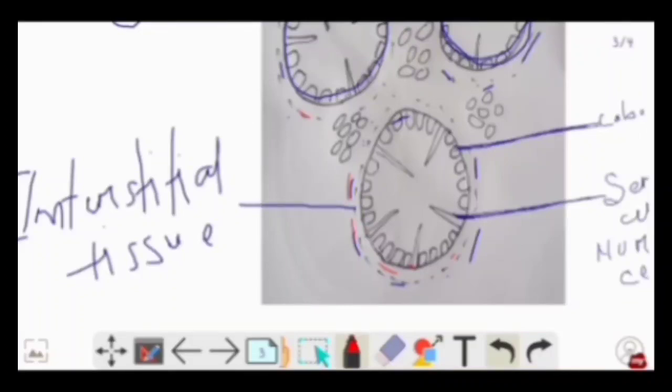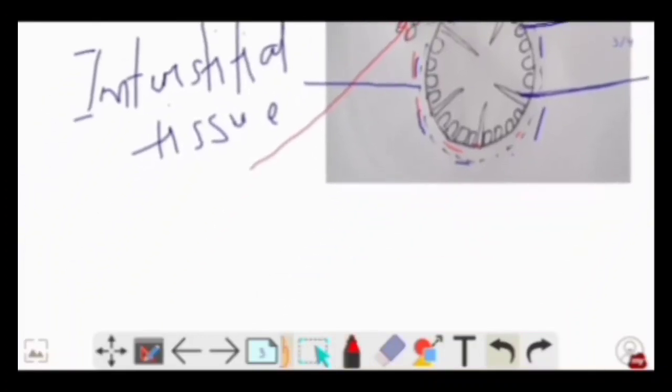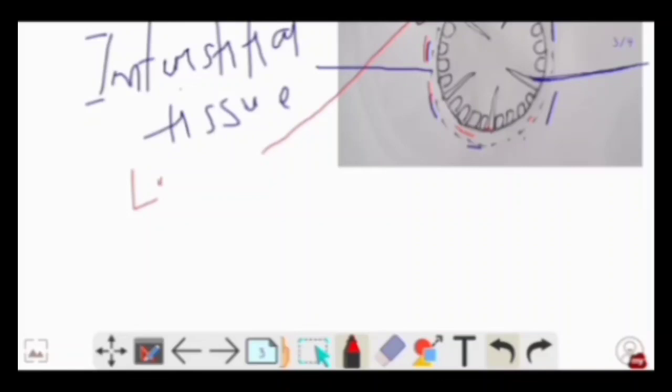Here you can see these small round-like structures present among the interstitial cells, and they are known as Leydig cells. These Leydig cells are the ones which actually produce the male sex hormone, testosterone. So the testes perform two functions: they produce sperm in the seminiferous tubules, and they also produce male sex hormones.